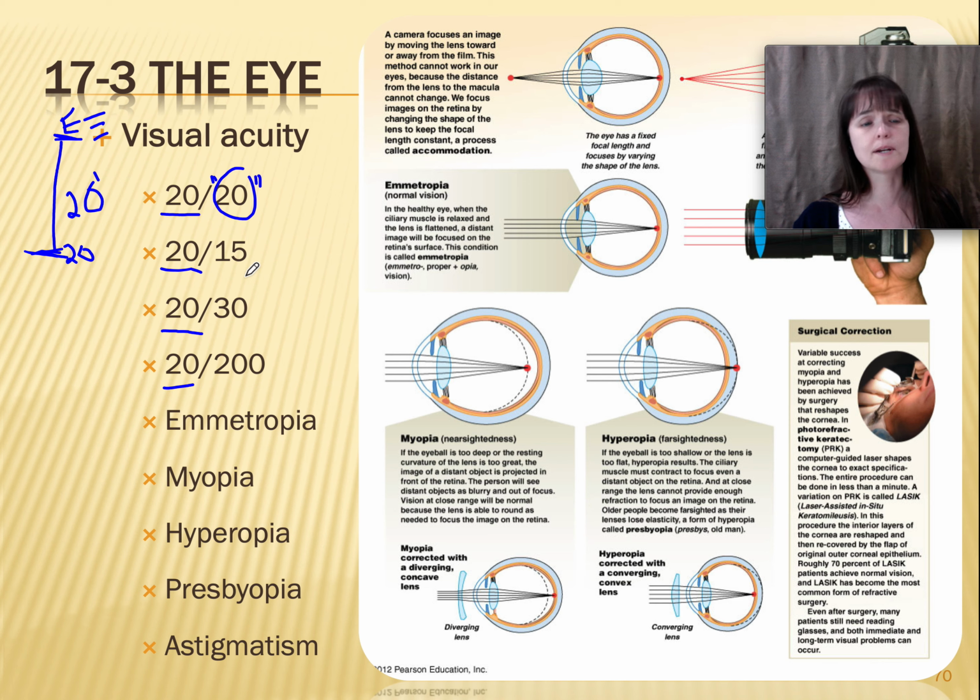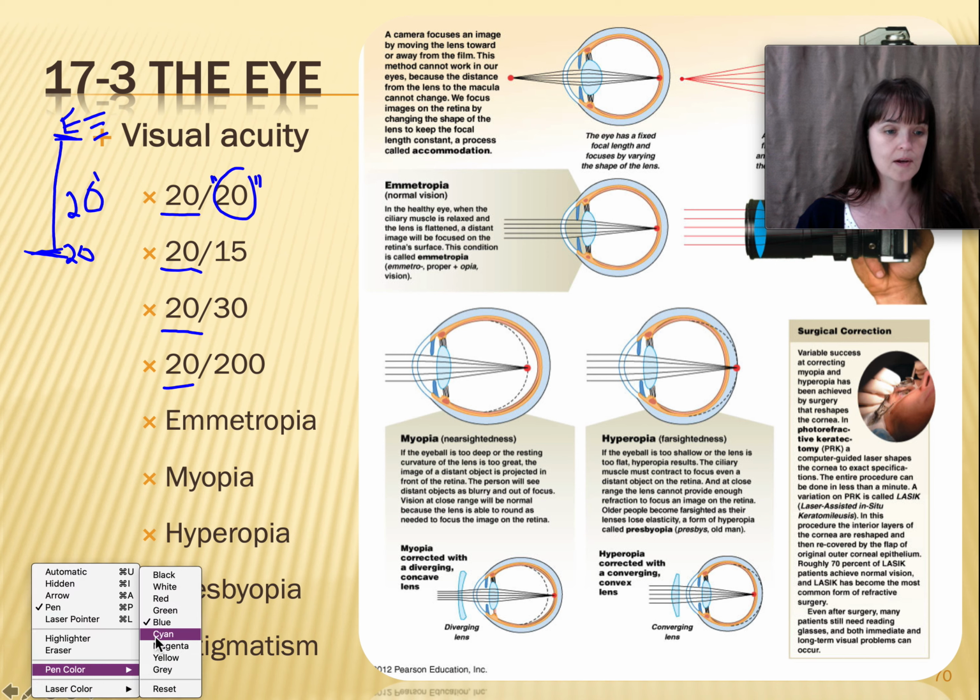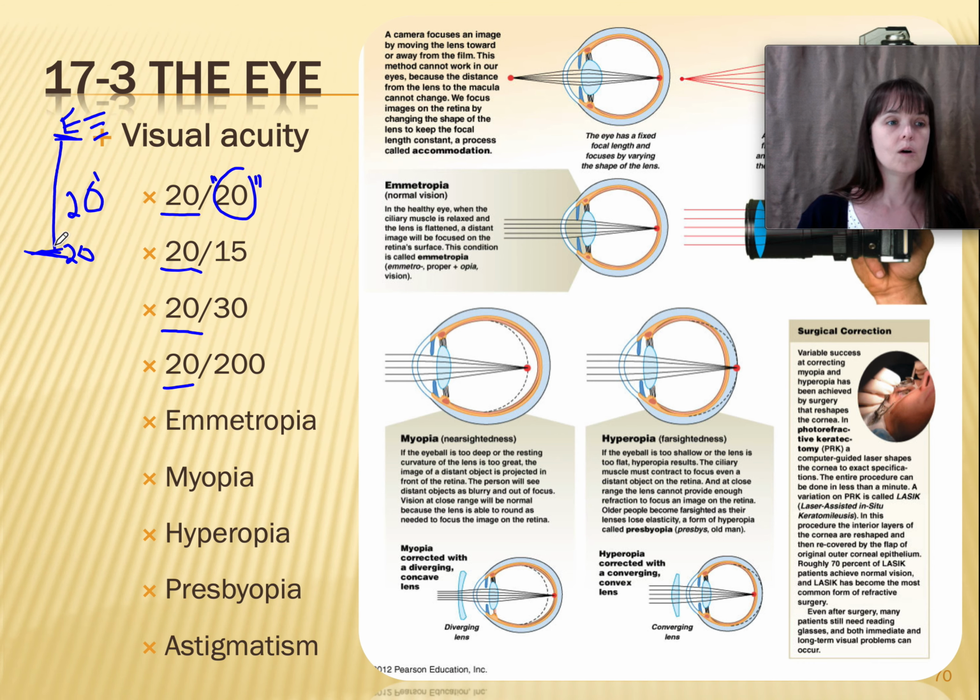Now, what if you have 20/15 vision? If I put you at the 20-foot line, because frankly, I only have one line on my floor, and you see at 20 feet what, oh, we're going to change color now, going back to cyan, what normal visioned people see at 15 feet.